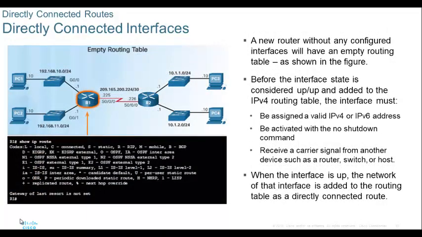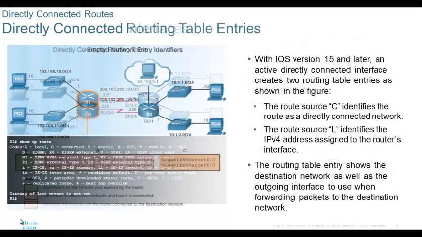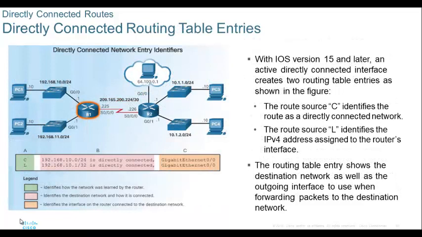See, for directly connected networks, you have C, 192.168.10.0. You see, 10.0. In that, what is the IP address on the link locally? Locally, what is the IP address on the 10 network? It is 1.